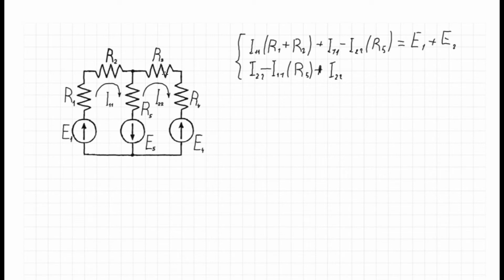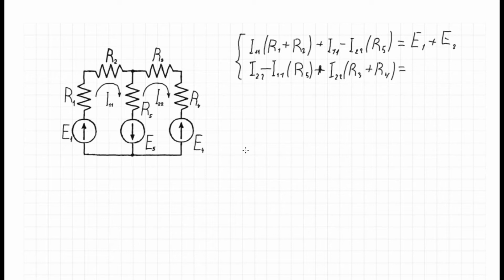These resistances we take as terms with plus sign, R3 plus R4, and we get the left side of our equation.